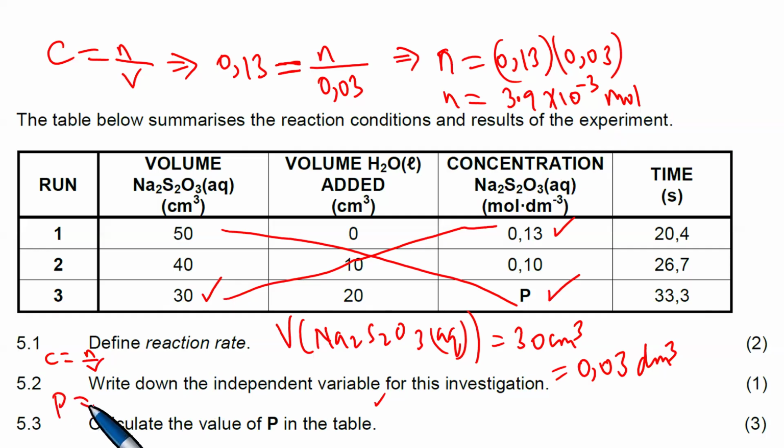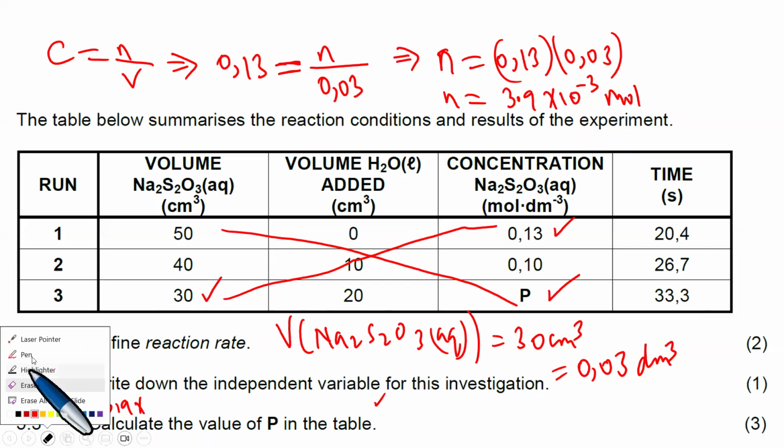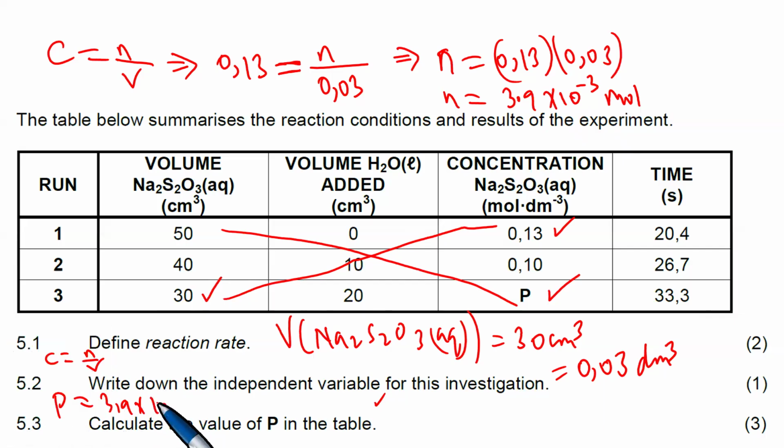So P equals the number of moles, which we've already got, 3.9 times 10 to the minus 3, divided by the volume. What exactly is the volume? If you're at P, then use this volume: you divide by 1,000, you get 0.05.